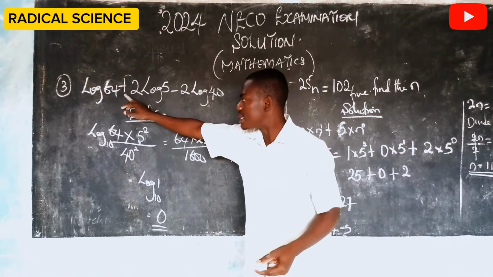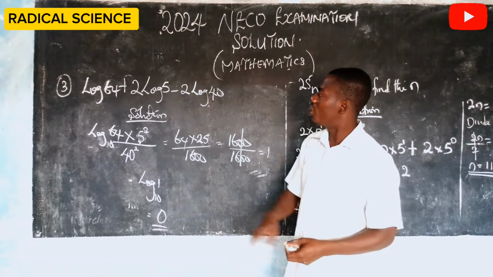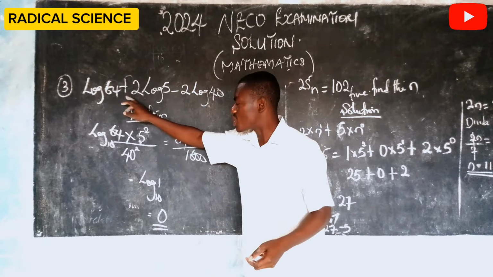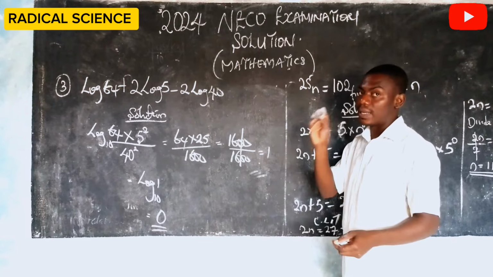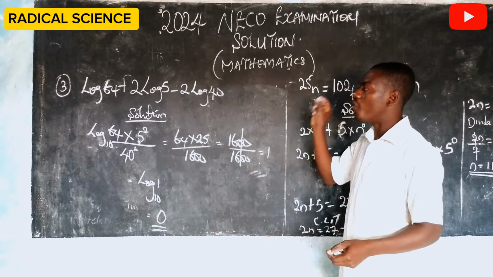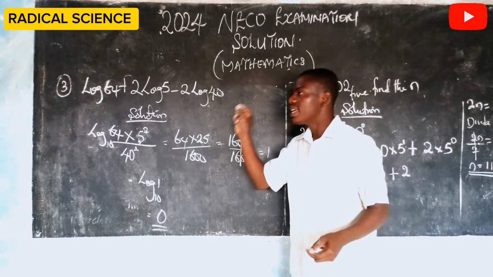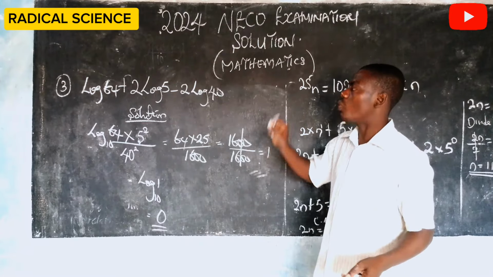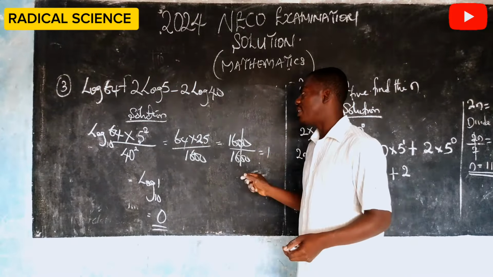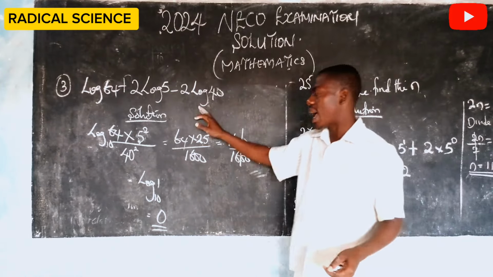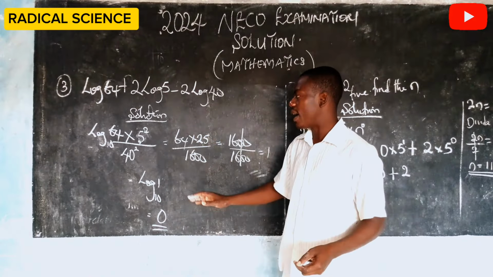Now, as I said, according to the law of logarithm, plus, when you are given to add, you multiply. That's the law. The law of addition says, anytime you are asked to add, you multiply. Anytime you are asked to subtract, you divide.